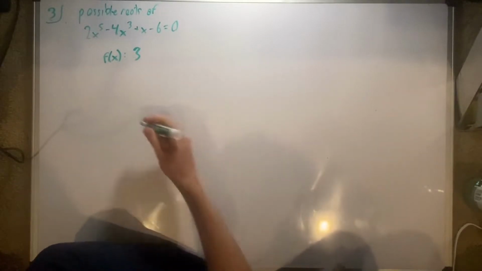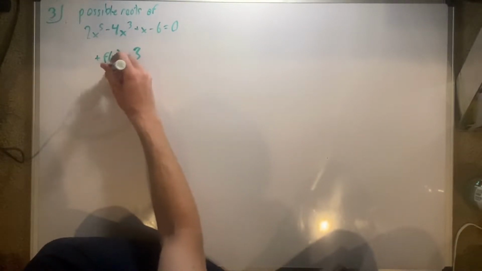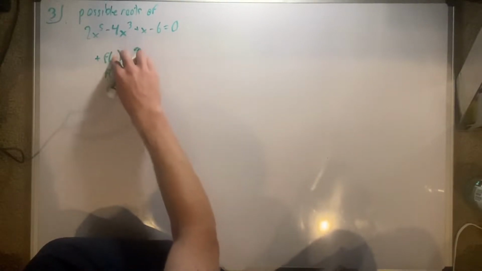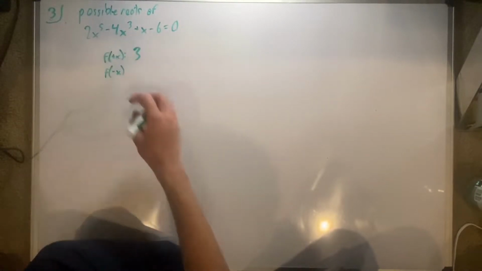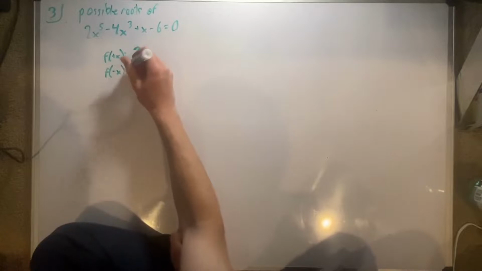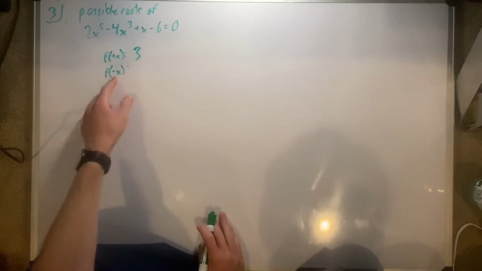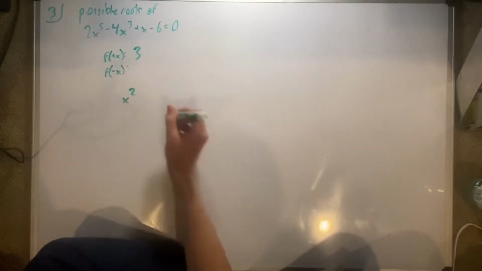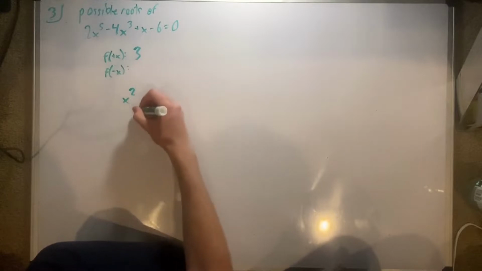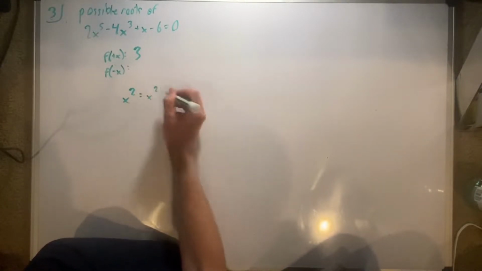So that means that we will have a positive f of x, and then this here will have f of negative x. Really quickly, just to make it a bit nicer, we're going to have positive x there. And then for f of negative x, we will plug in a negative x for every single x here. If we plug in a negative x for x squared or any term that has an even power, it'll equal the same thing.